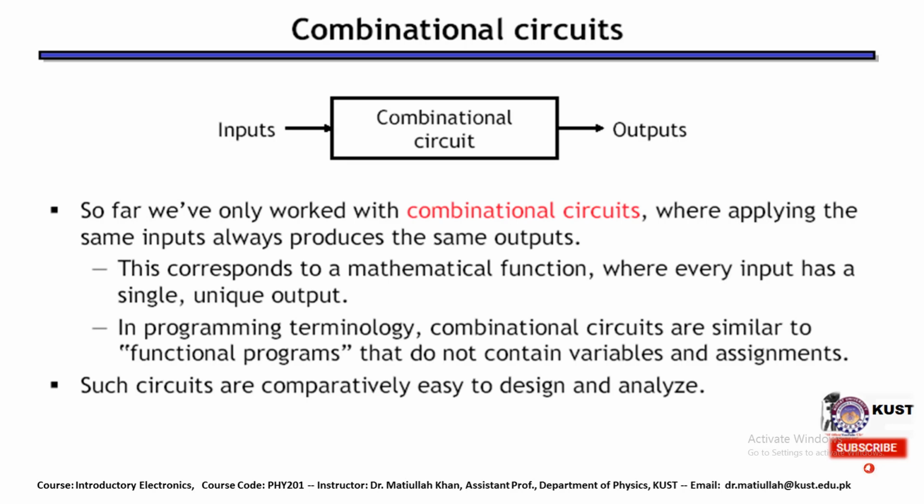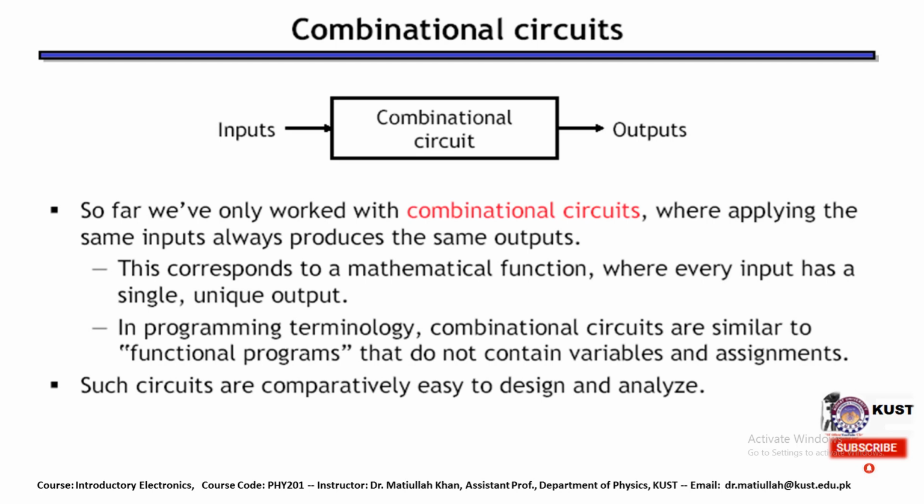Let's come toward the combinational circuits that we had discussed before. We had already worked with combinational circuits in which there was some input which produced an output. That corresponds to a mathematical function, and in that every input has a single unique output.